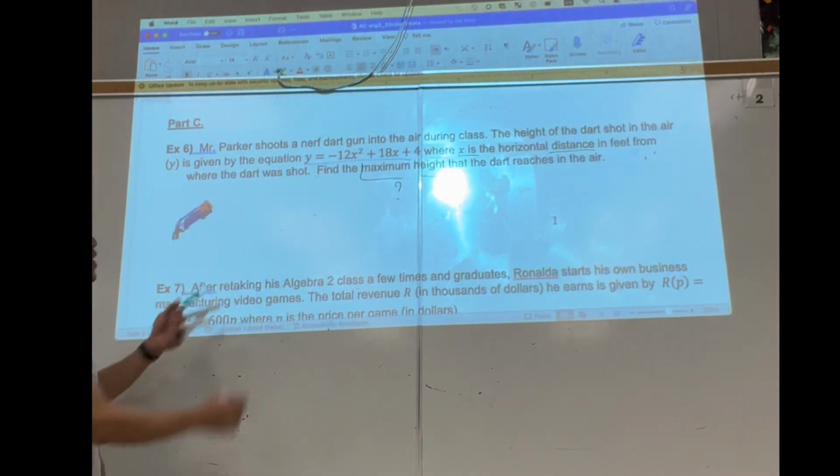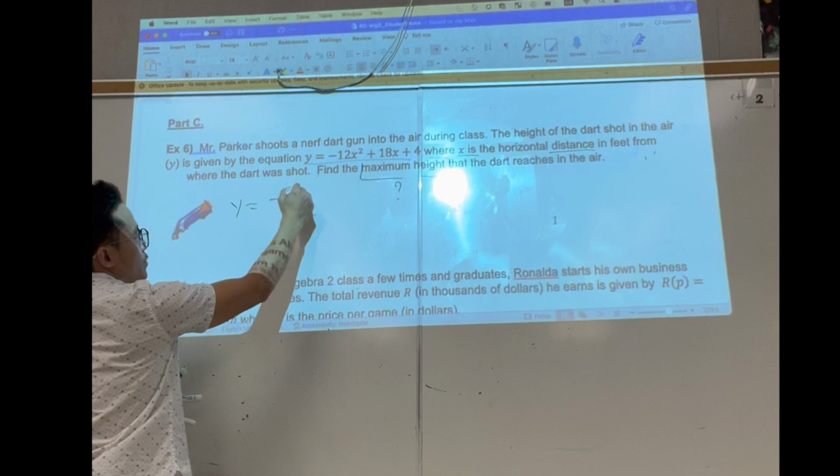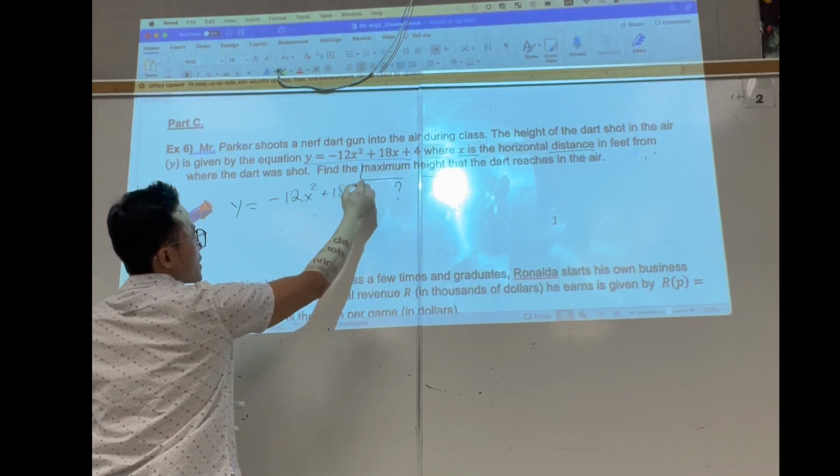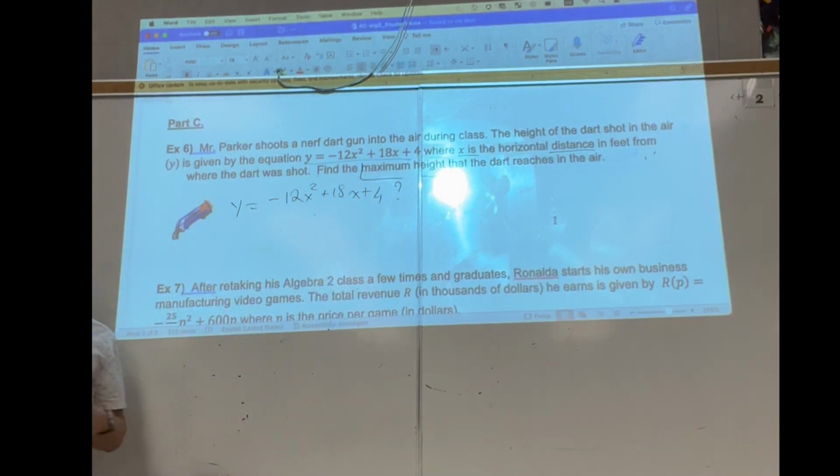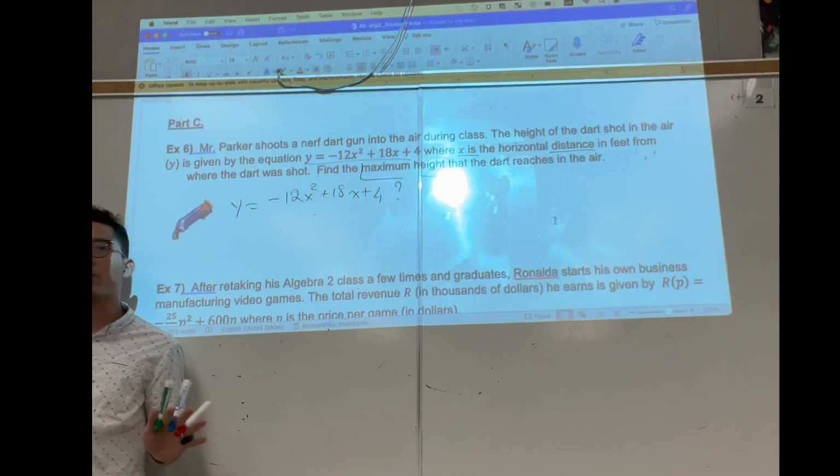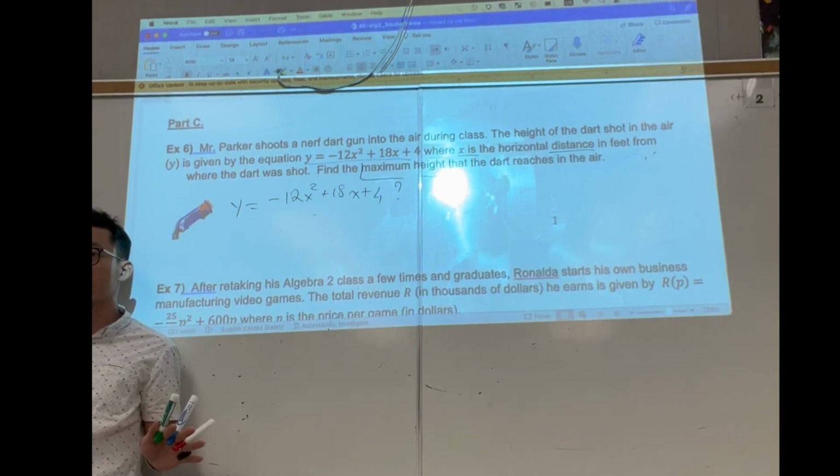So they give you the function y equals negative 12x squared plus 18x plus 4. When we're talking about maximum, what do we need to care about? The y vertex.